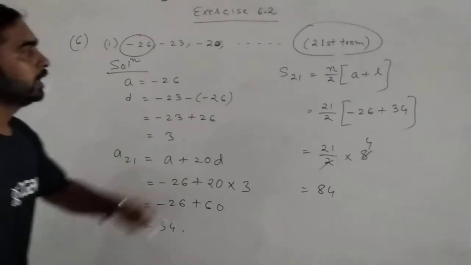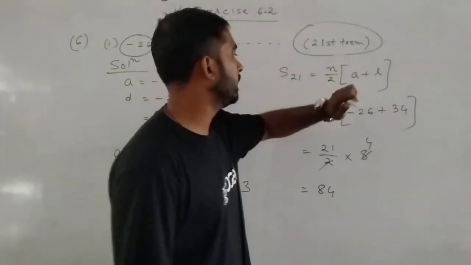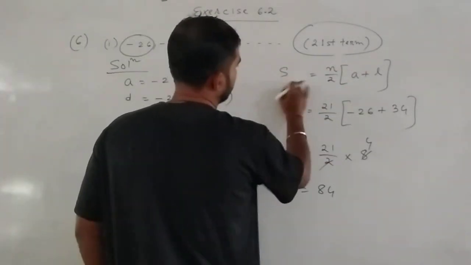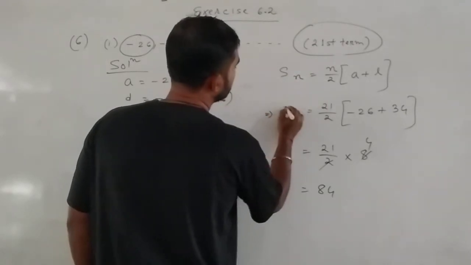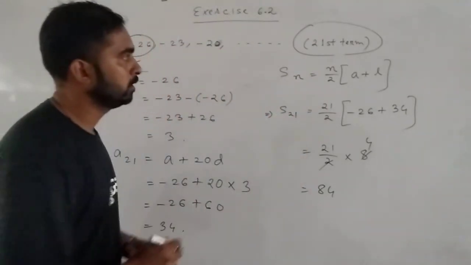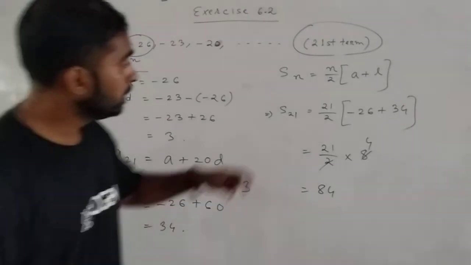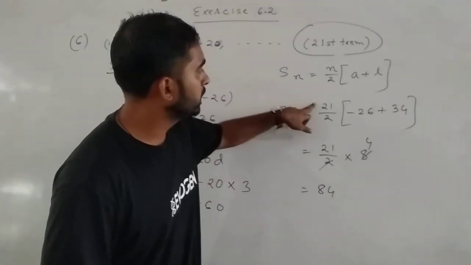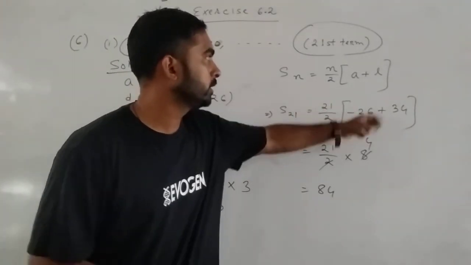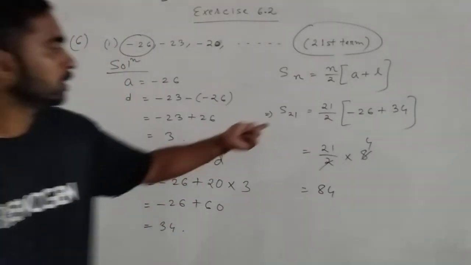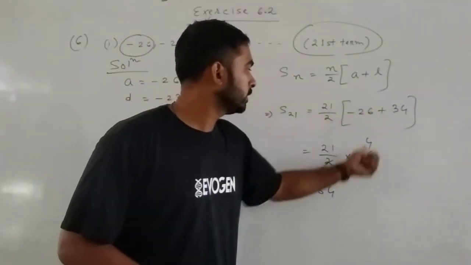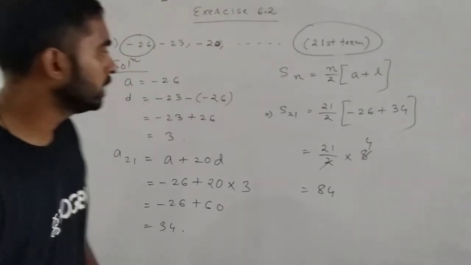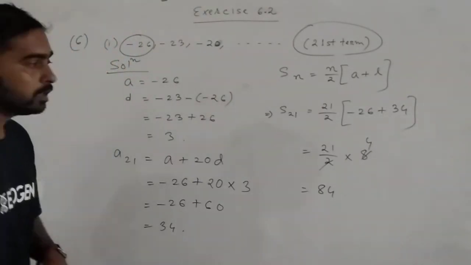This is the solution. S21 equal to n by 2, A plus L. S21 equal to 21 by 2, A means minus 26, L means 34. So 21 by 2 into 34 minus 26 equal to 8. So cancel them. So S21 equal to 84.